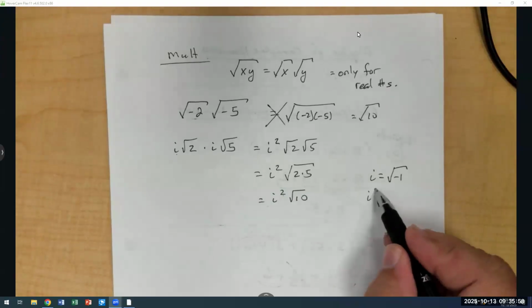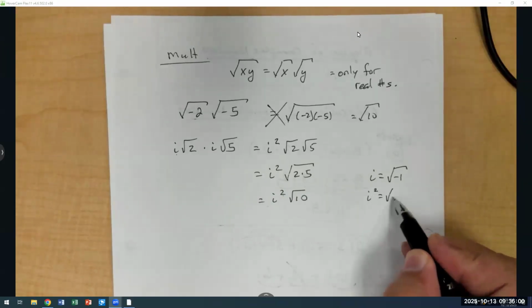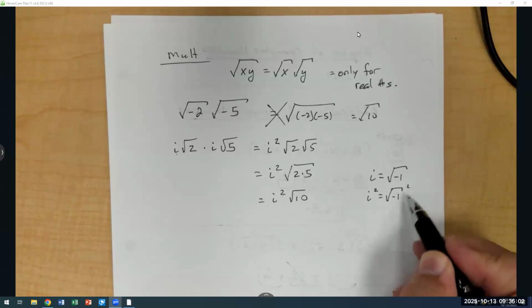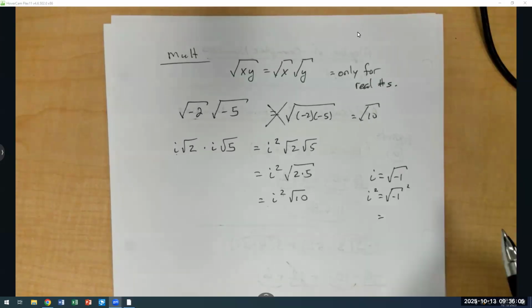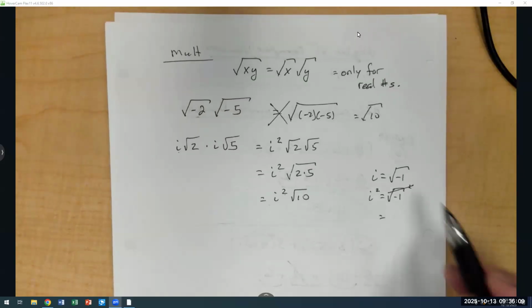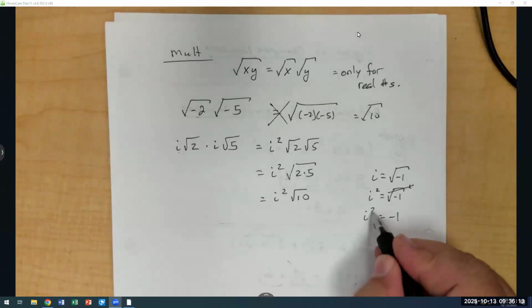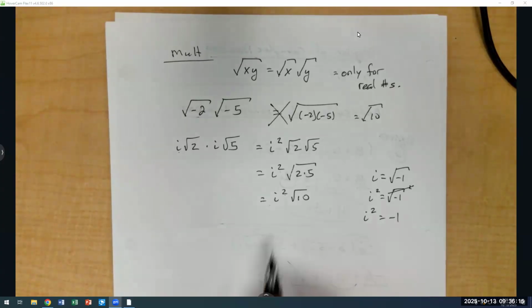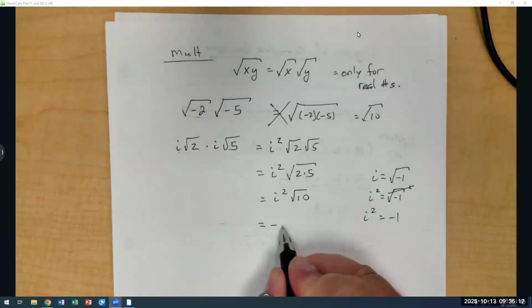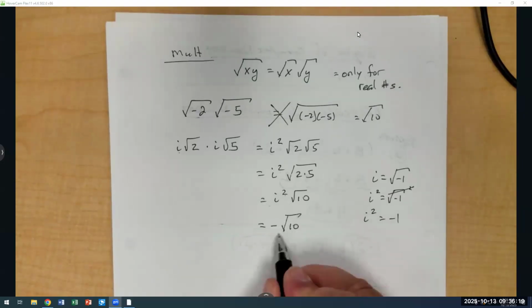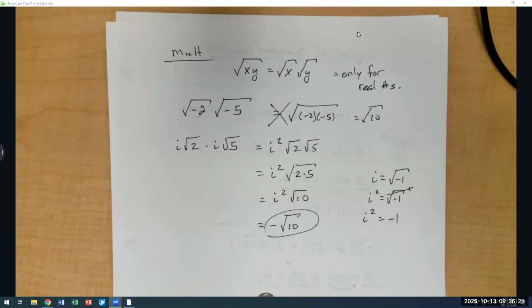If I square i, then I square the other side. What happens when I square root the square? They cancel out. So it equals -1. So whenever you have i squared, it simply becomes a -1. So that's your answer.